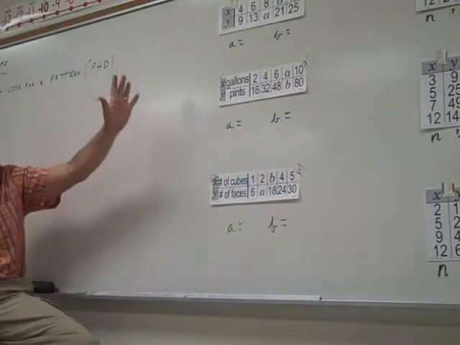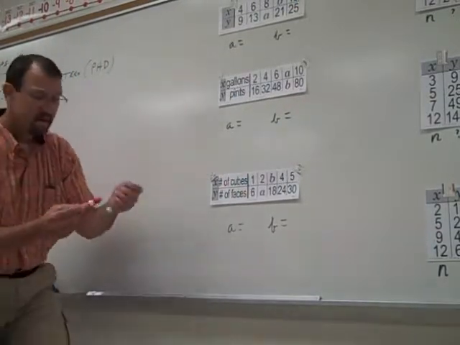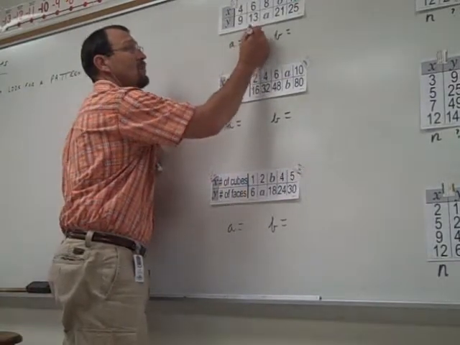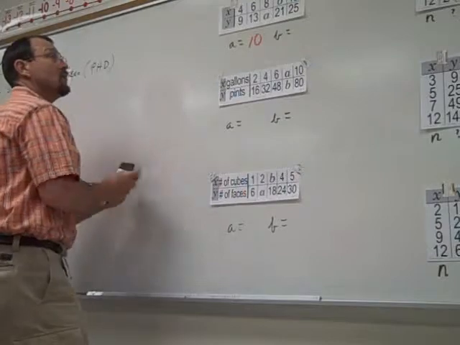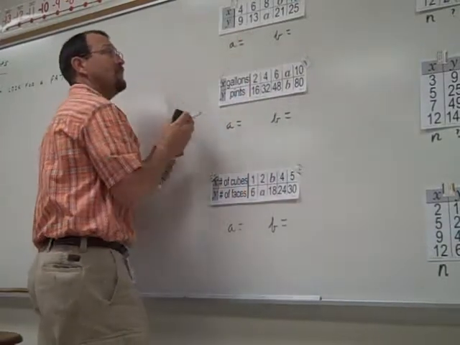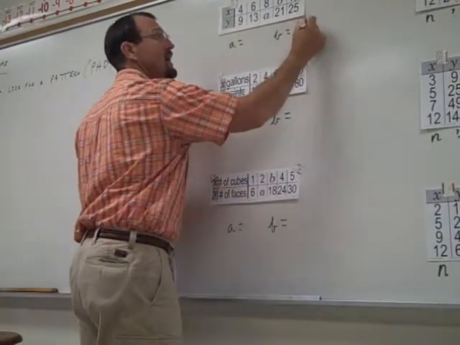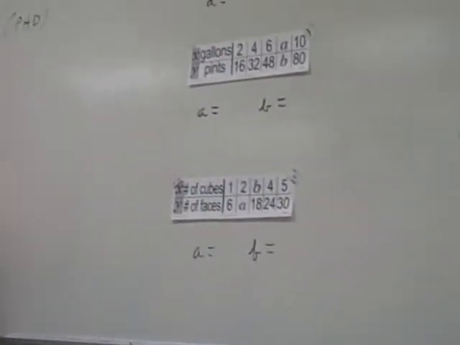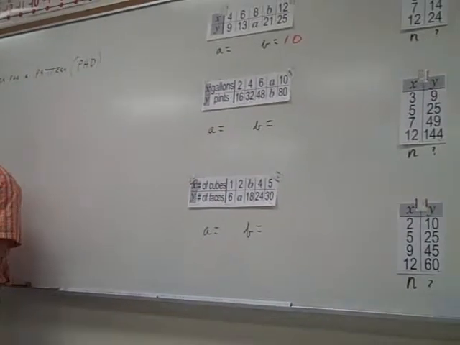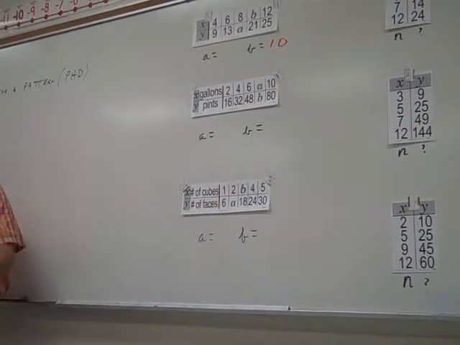Well, what's the 10? Because the pattern was, oh, not the A. We're talking about the B, aren't we? I apologize, y'all. The B is 10, isn't it? Because of the pattern going sideways. It looked like it was going up by 2s.